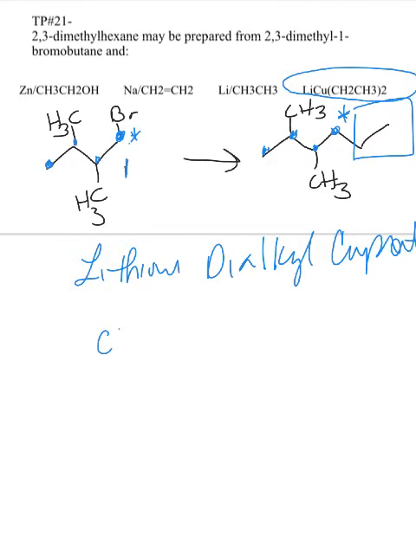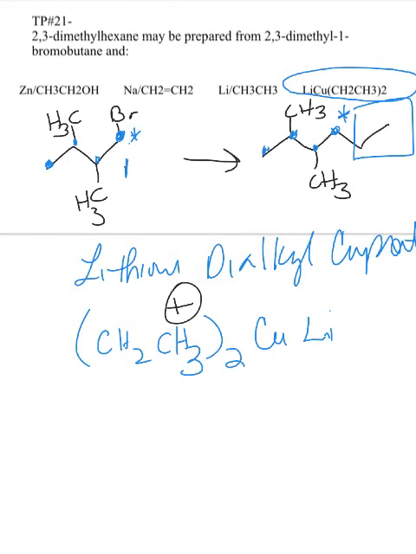And so basically what you have here is CH2, CH3, and there's 2 of them with a copper lithium. Okay, so the metal is electropositive, so it becomes like a positive charge, and here the carbon is a negative charge.